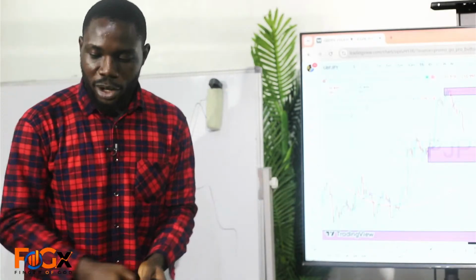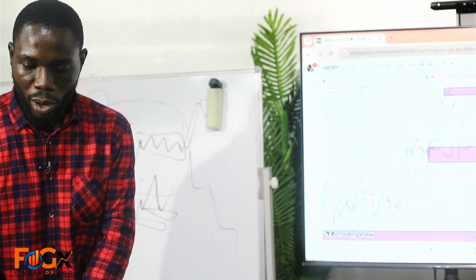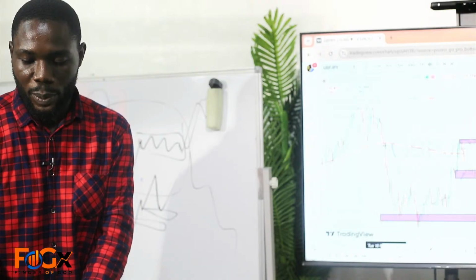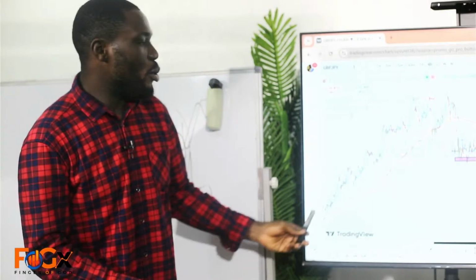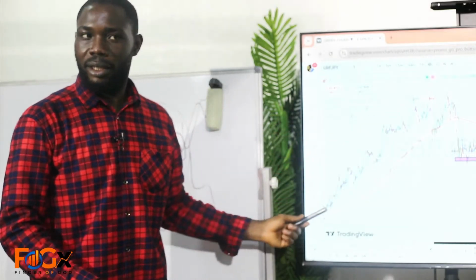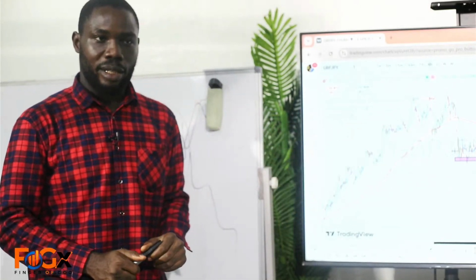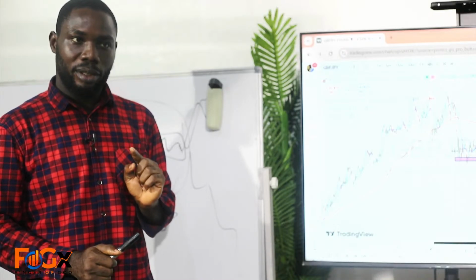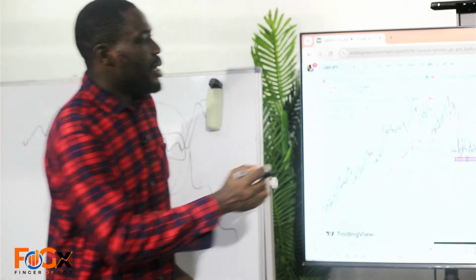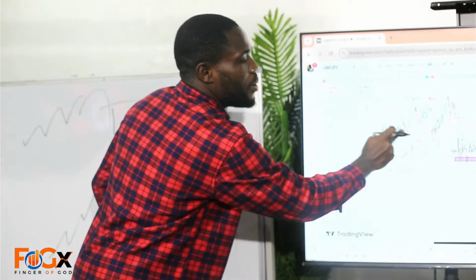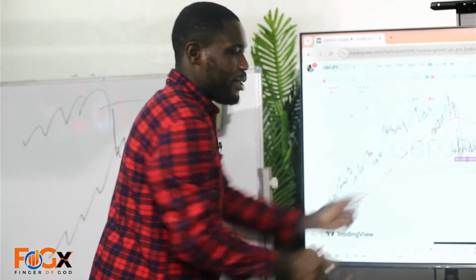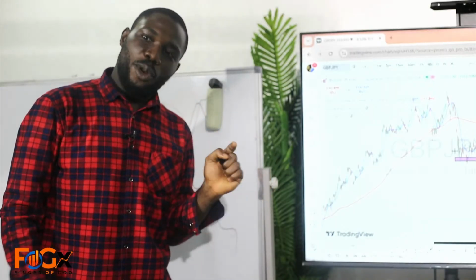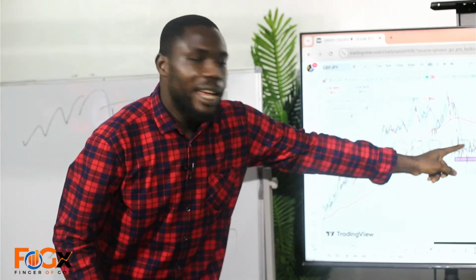So in this kind of scenario, when we go to our higher time frame on GBP JPY, if you see the overall buyers, we are in a bullish trend, number one. Number two, this whole range here is a range. We can say price broke out, but did not break out fully because we did not see a continuation.